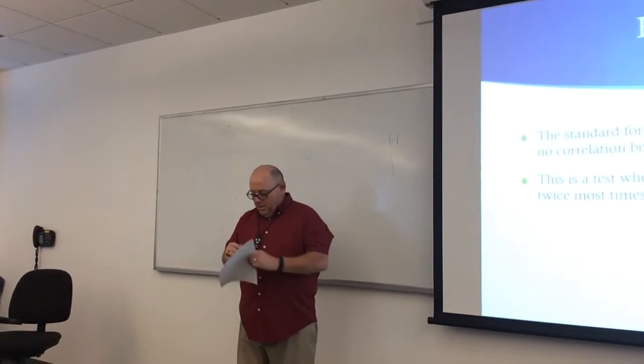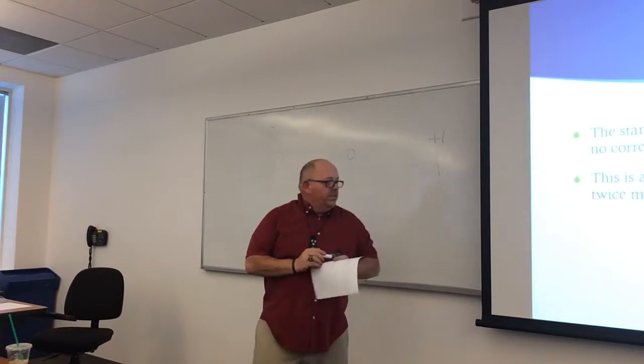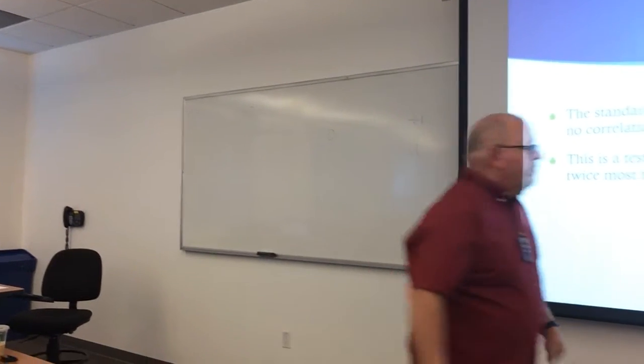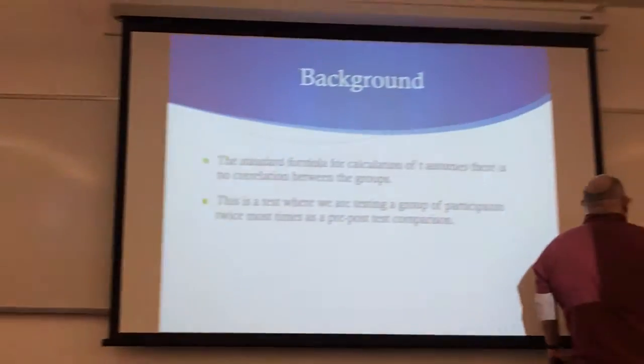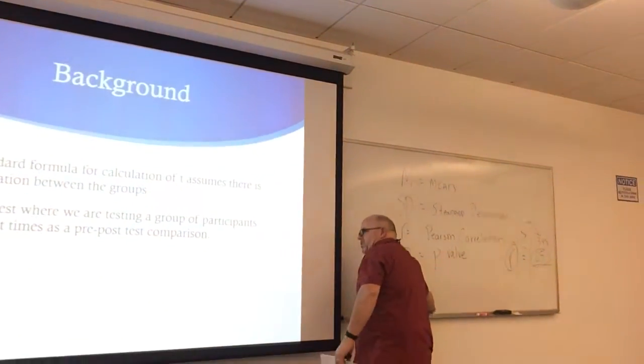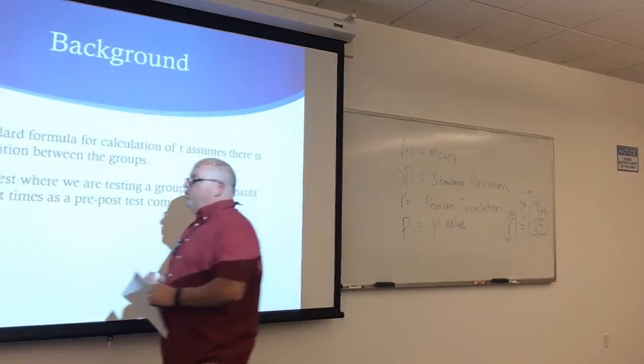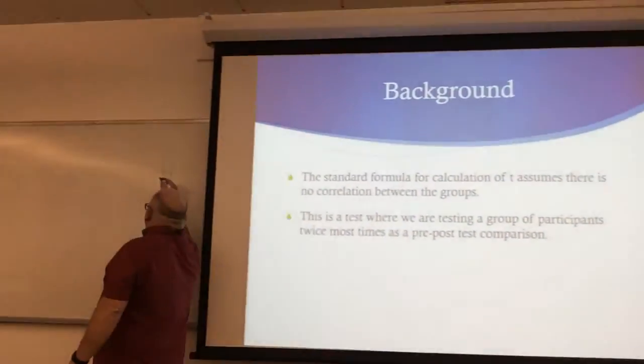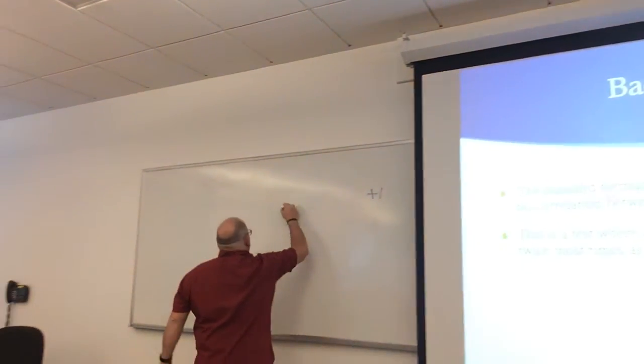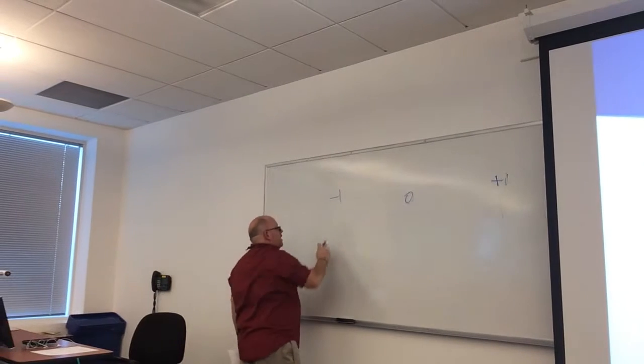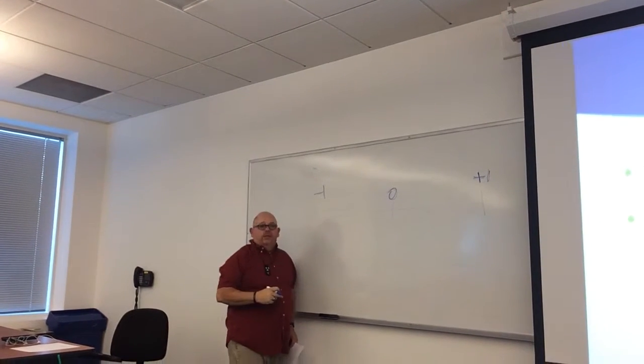I'm not going into the detail, but what you need to know for tonight is direction. So I have a +1 on this side, a 0 in the middle, and a -1 on this side. It can't go any farther on either end.